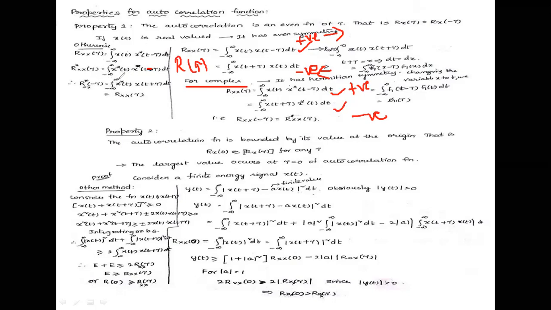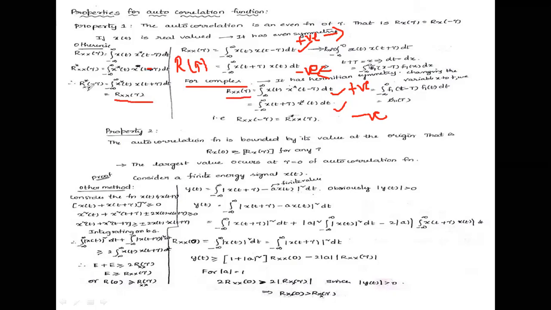The integral from minus infinity of x star of t, x of t plus tau dt, since minus of minus tau becomes t plus tau. See here, x of t plus tau x star of t, for the negative direction of the tau values, is equivalent to Rxx of tau.